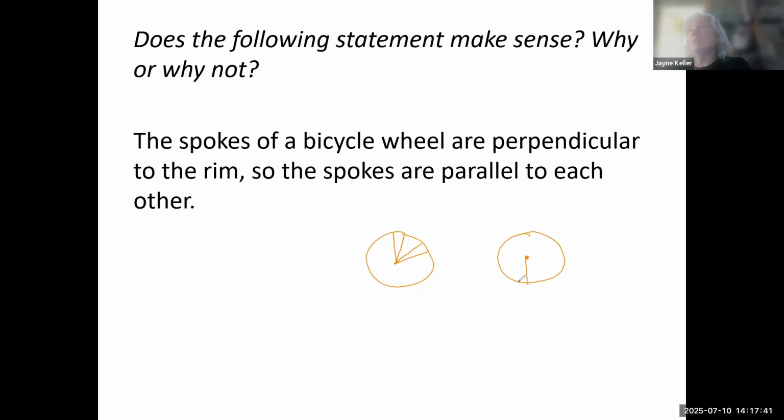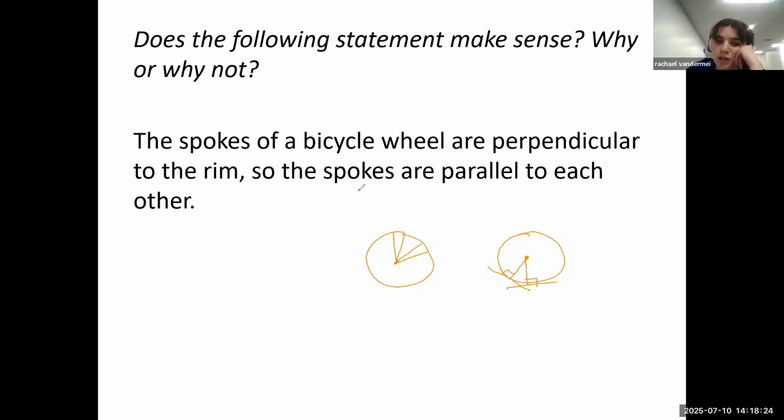If this spoke is perpendicular to the rim, then if we draw a line here, we have a 90-degree angle. Let's draw another one here. That means it's perpendicular here. Do those look parallel to each other? No. Doesn't make any sense, does it?